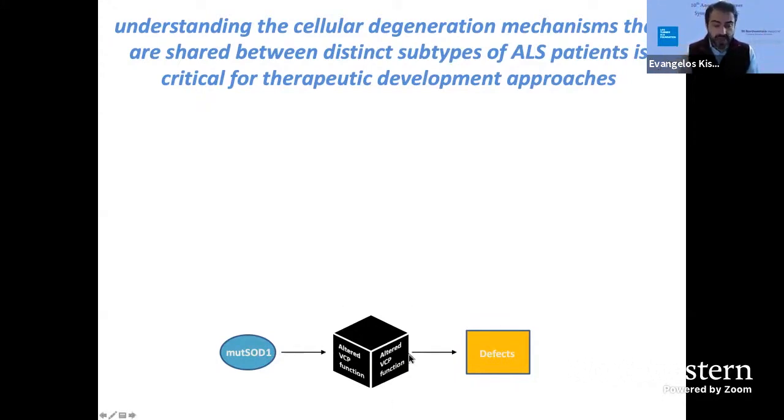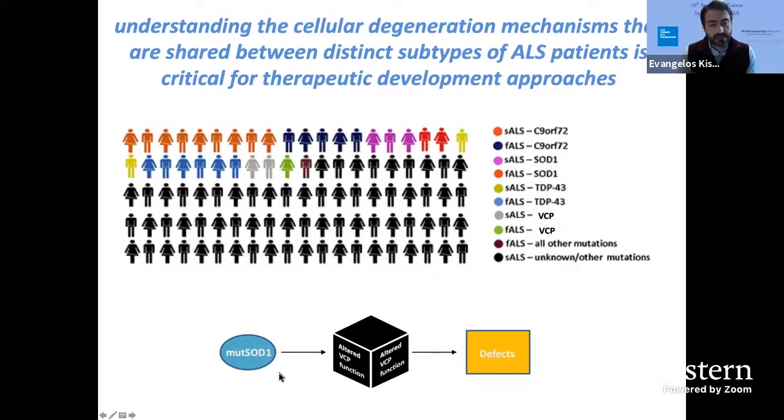And we hypothesize that altered VCP dysfunction is a major contributor to the dysfunction of mutant SOD1 motor neurons and leads to degeneration. I would also like to point out that while we've illuminated this black box, at the same time we've created some other black boxes in between here. We do not entirely understand why VCP exhibits an altered function in the presence of SOD1 protein, but we're currently investigating that.